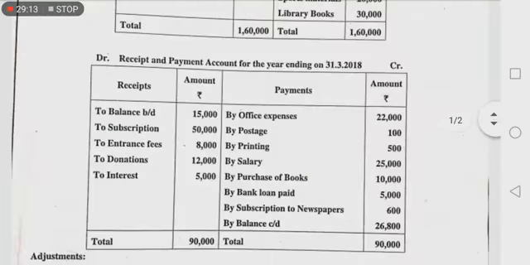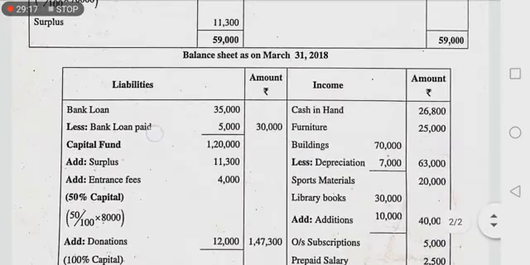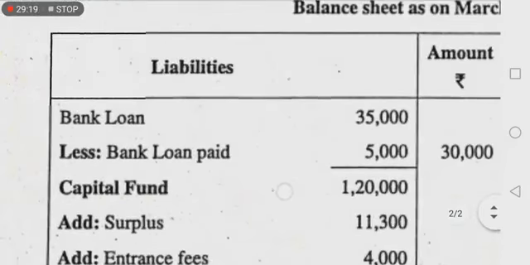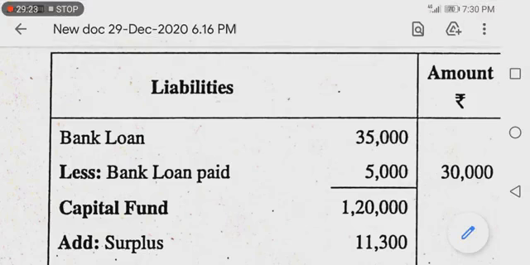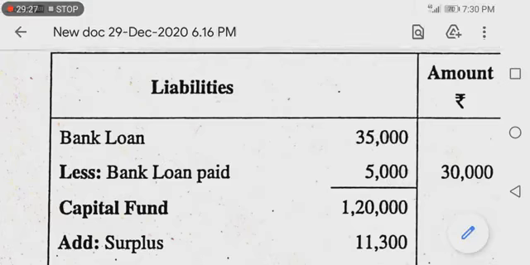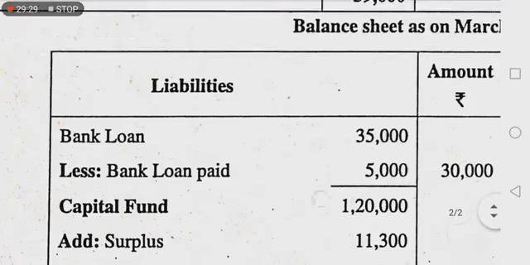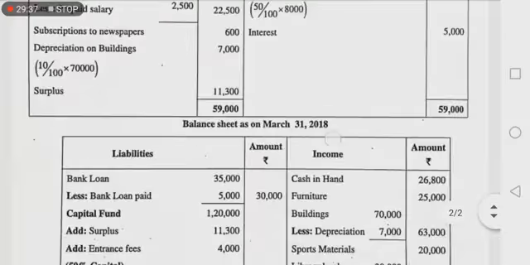Now the bank loan paid, 5,000, should be deducted in the new balance sheet while recording the bank loan. Here you can see under the liability side, at first they have written the actual bank loan amount, 35,000. Later they have deducted the bank loan paid, 5,000, from the actual amount. The available amount recorded under the main amount column is 30,000 after deducting the repaid amount of 5,000.